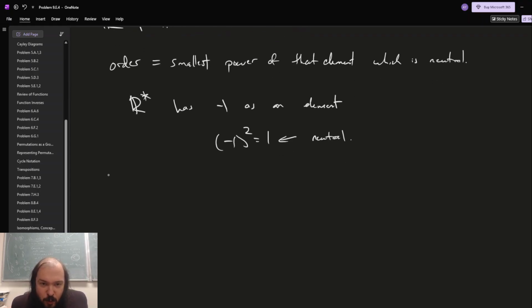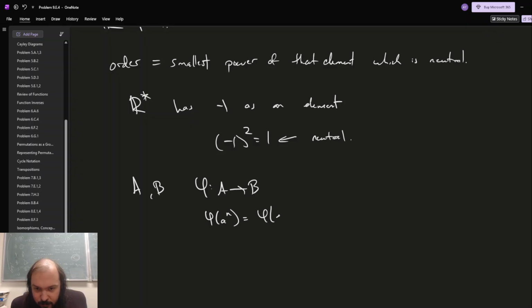The catch is that if you have two groups, A and B, and an isomorphism phi from A to B, if A has an element of order 2, or any order for that matter, order n, then phi of A to the n would have to be E, because if A to the n is E, then phi of E is E. And I don't think we've actually proven that yet.